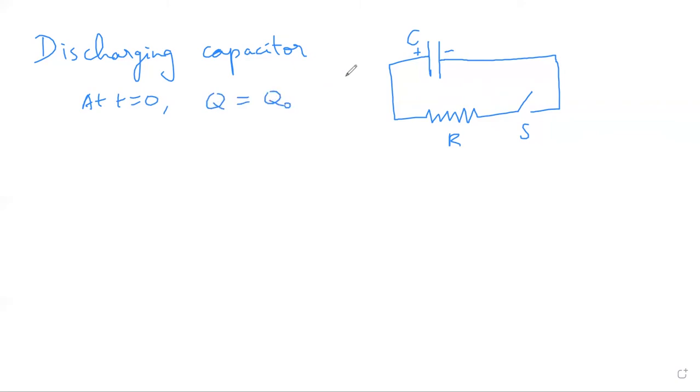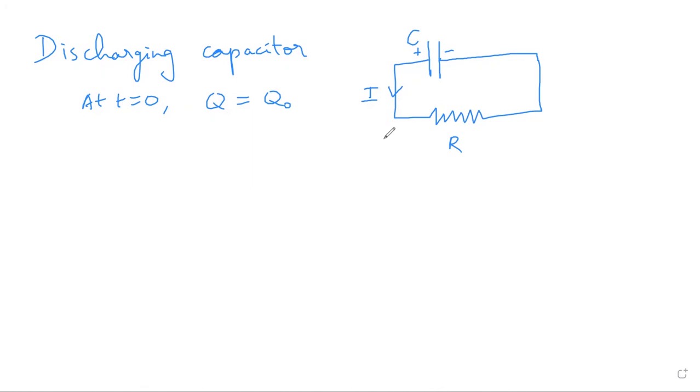What happens when we close the switch? Now current will flow out of the capacitor, that is out of the positive plate of the capacitor, through the resistor and into the negative plate because the capacitor is discharging. So now our current is flowing out of the positive plate. The capacitor, in a sense, is acting like a battery. However, unlike a battery, whose voltage ideally stays constant, here as the capacitor discharges, its voltage will start to drop.